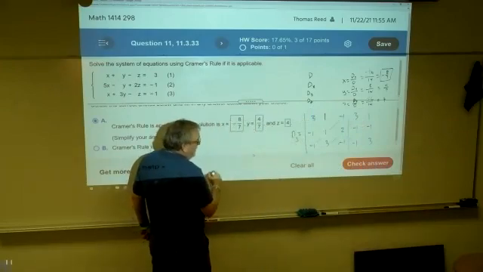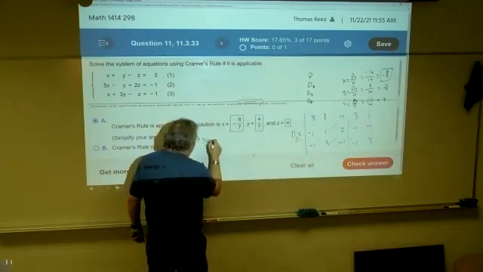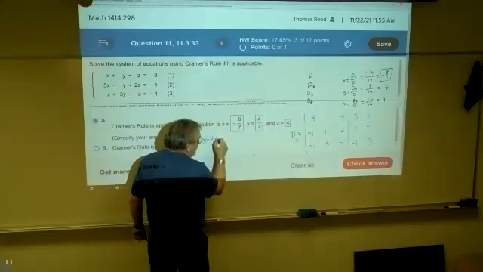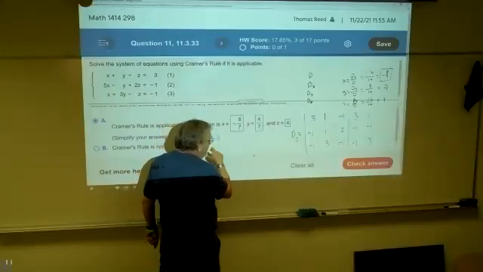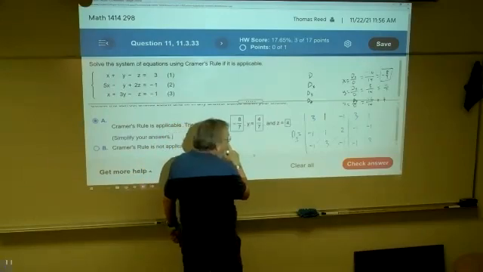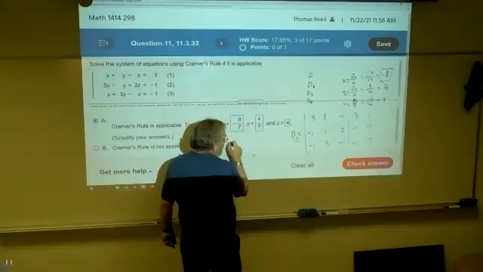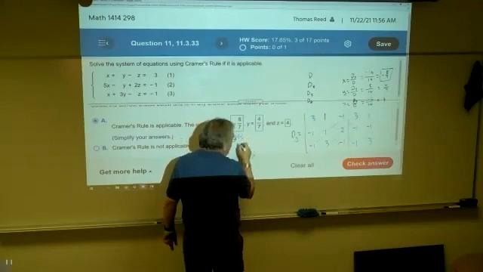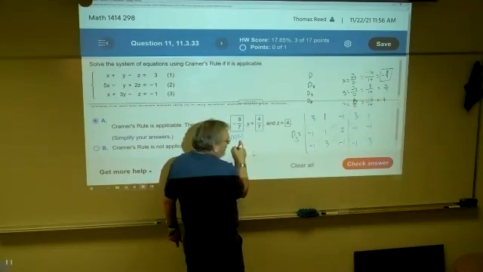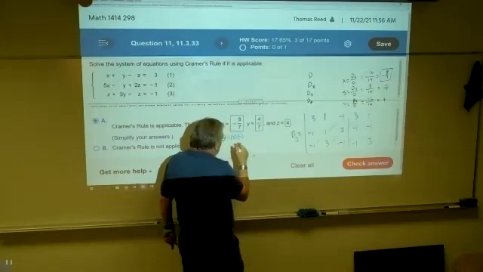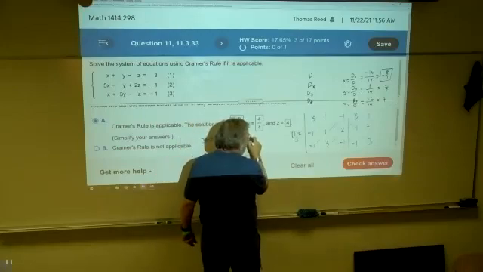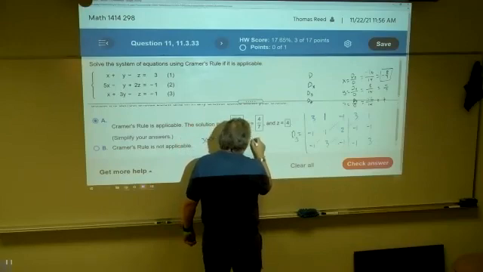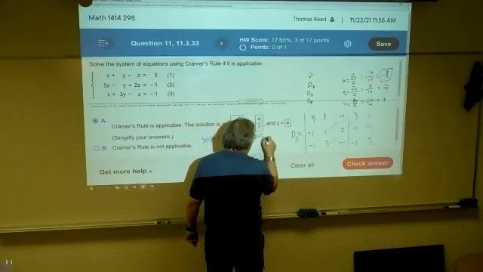And so the main diagonal is 3 times -1 times -1. That may have been the issue right there. And then it's plus 1 times 2 times -1. I don't think I did that one right. But maybe. And then plus -1 times -1 times 3.